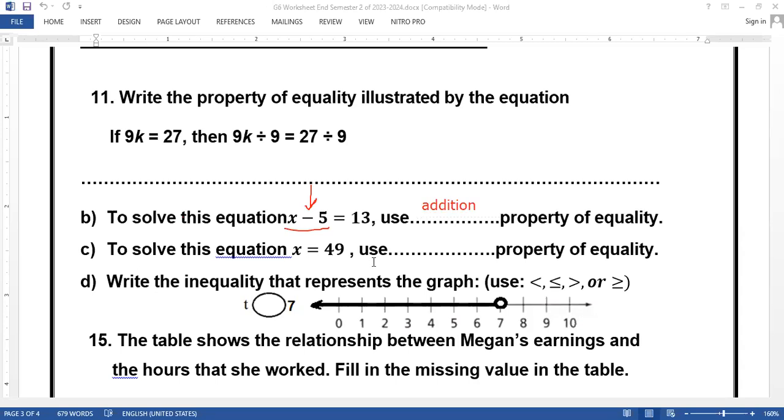X equals 49. Use which property? No, I think there's a mistake here. I think it's 49 or maybe 7x here. Let's suppose it's 7x. 7x means 7 multiply x. So we use division property. It depends. What's the operation? We do the opposite. Here minus, we use addition property. Here multiplication, we use division property.